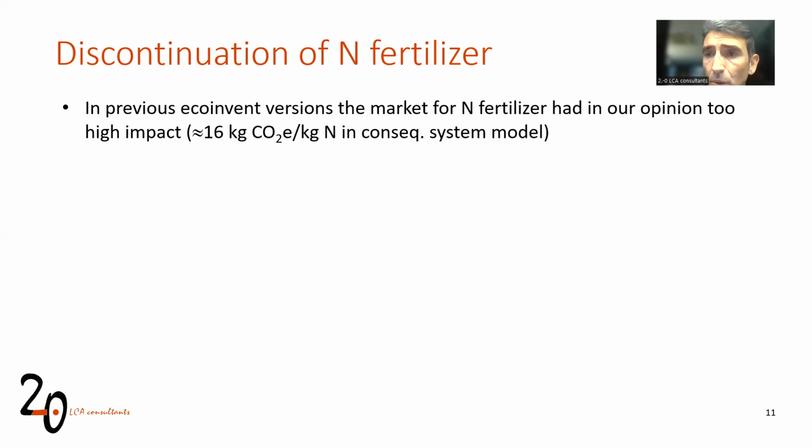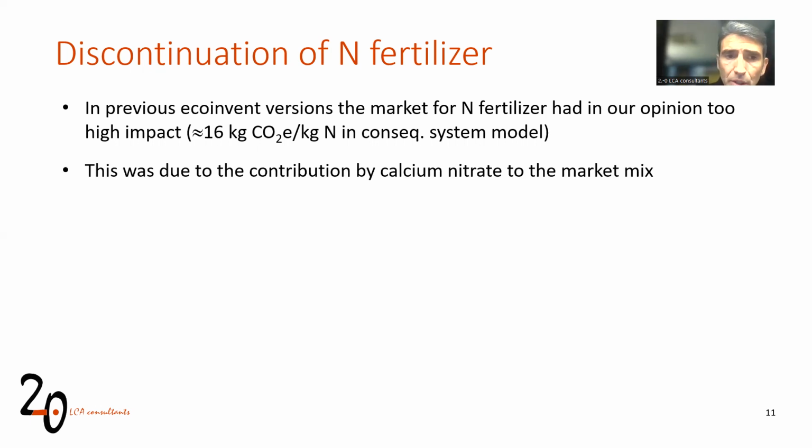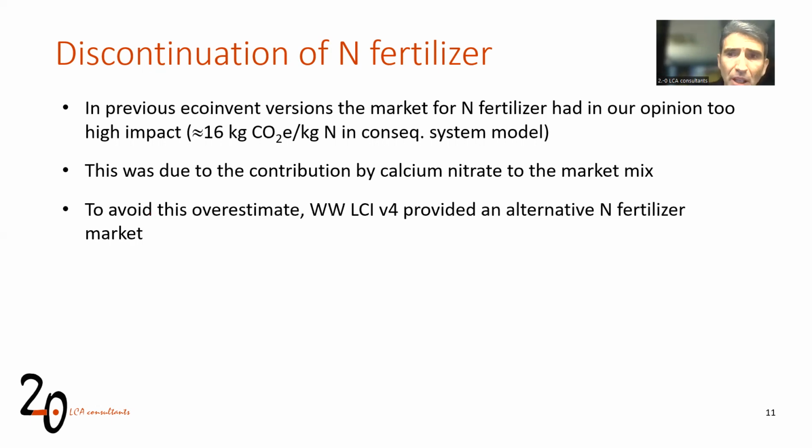So in the consequential system model, for example, the footprint was about 16 kilos CO2 per kilo nitrogen supplied. And this was due to the contribution of calcium nitrate to the market mix. We think that this was not correct.